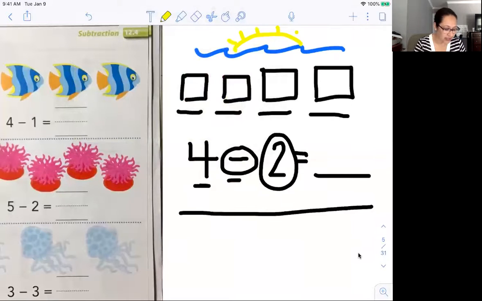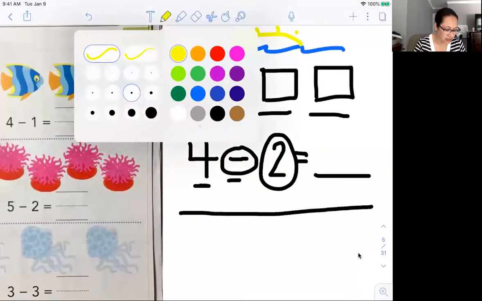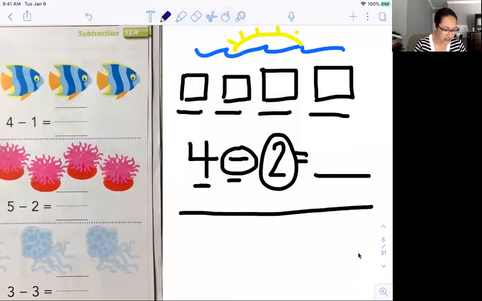So how many squares did we say that we see? 1, 2, 3, 4 squares, right? They're not all the same size, but they are all squares, right? The best that I could draw. And then you are going to take away 2, okay?